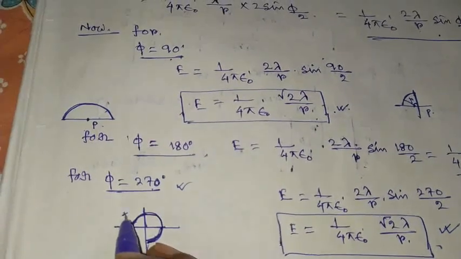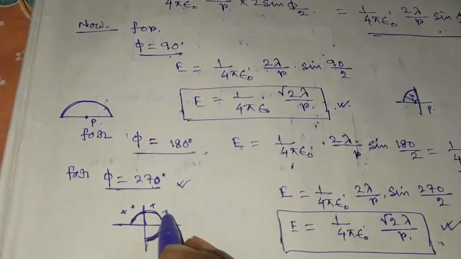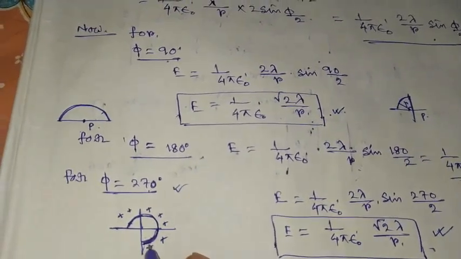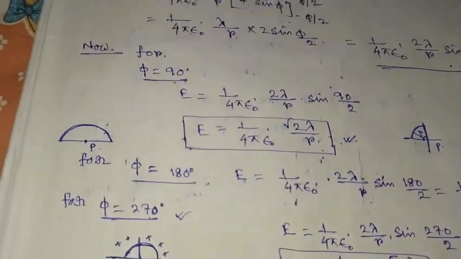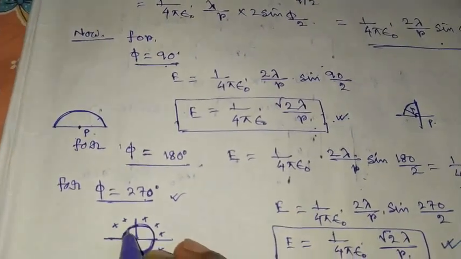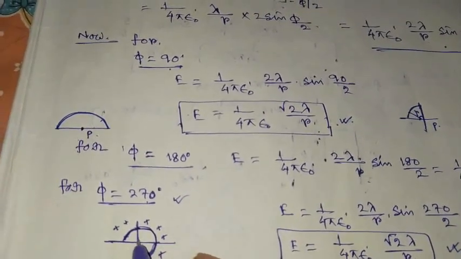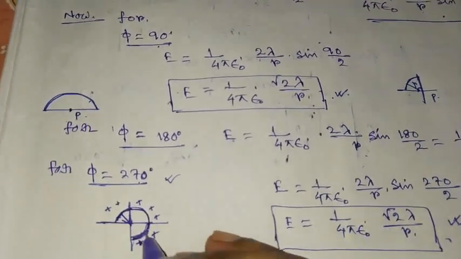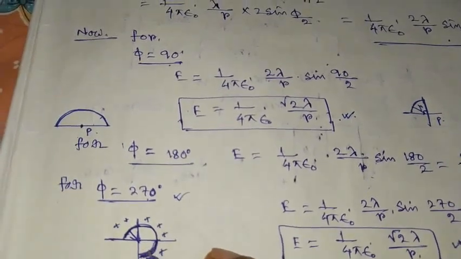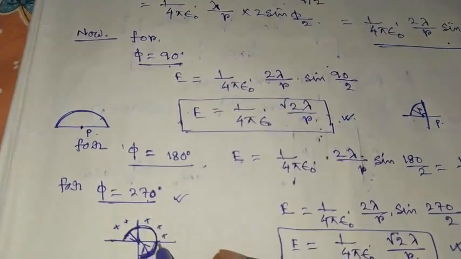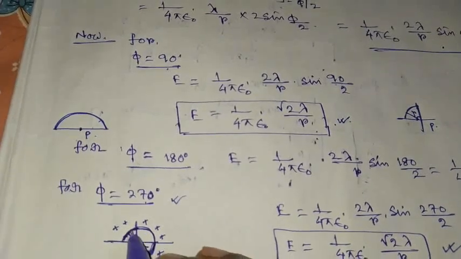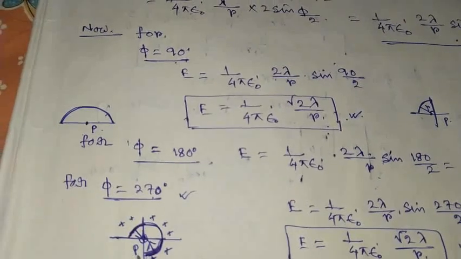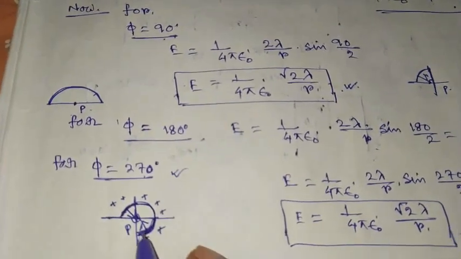If we think that this circular wire is positively charged, then due to this line segment, the electric field at this point will be in this direction, and due to this line segment the electric field will be in this direction, and due to this equalness the electric fields at point P are equal and in opposite direction.